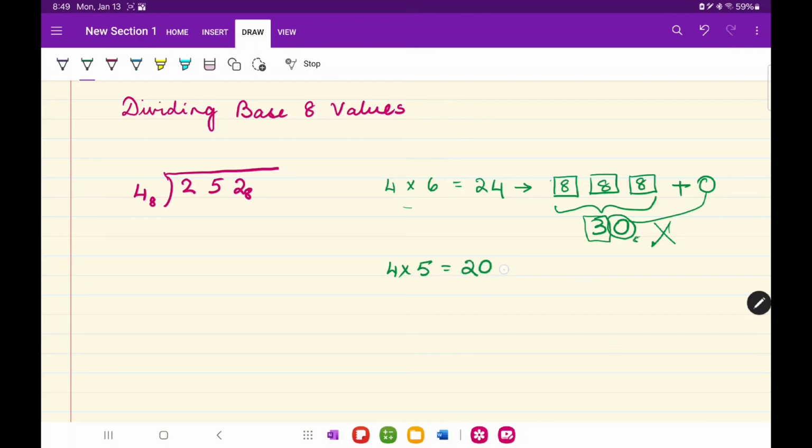Again, same process. I'm going to extract bundles of 8 from 20, so we can get 2 bundles of 8 from 20, that would make it 16, plus 4 would give us 20. 2 bundles of 8 plus remaining is 4.